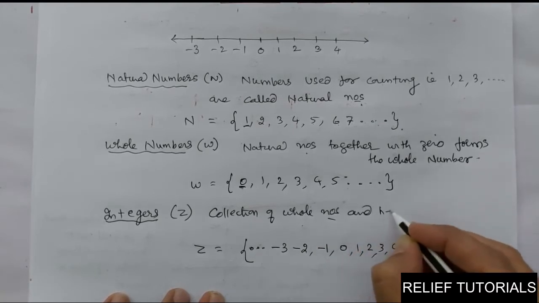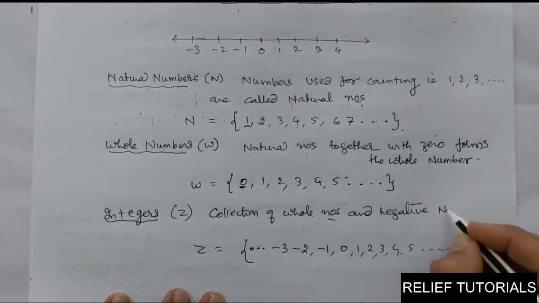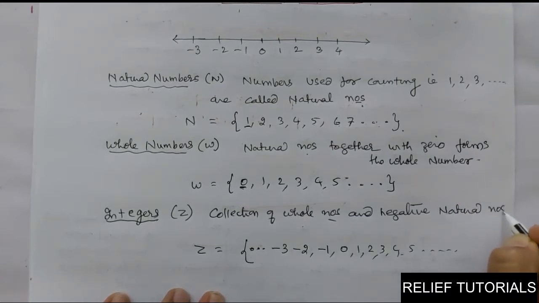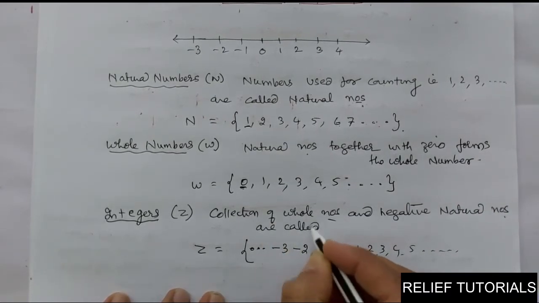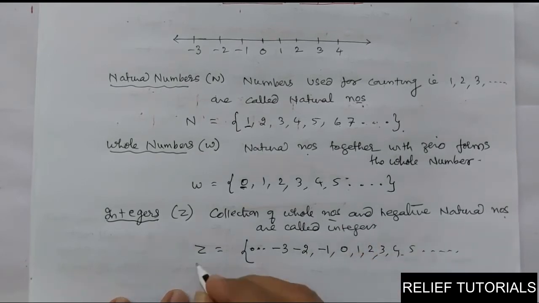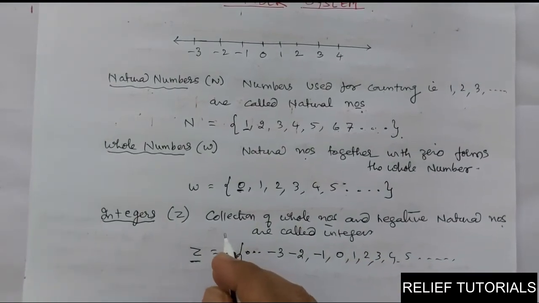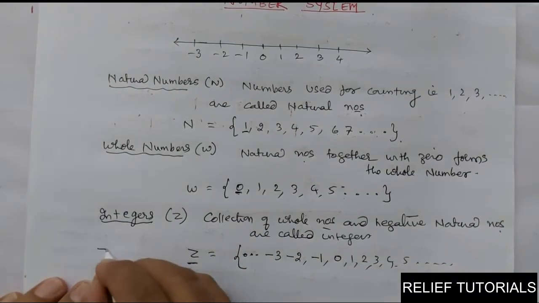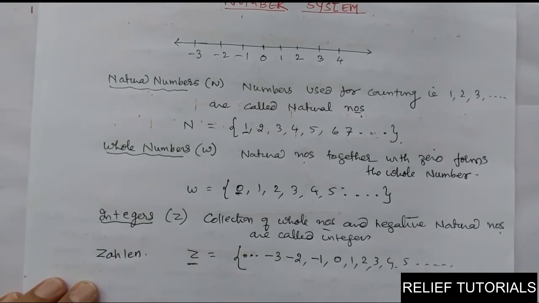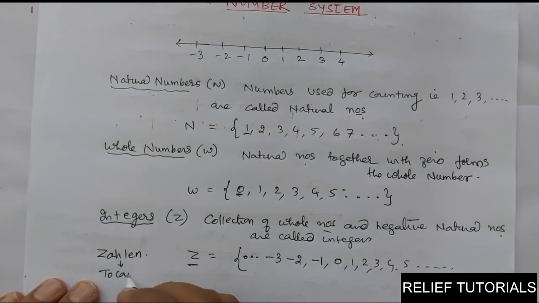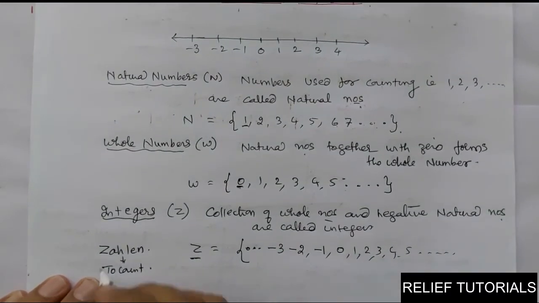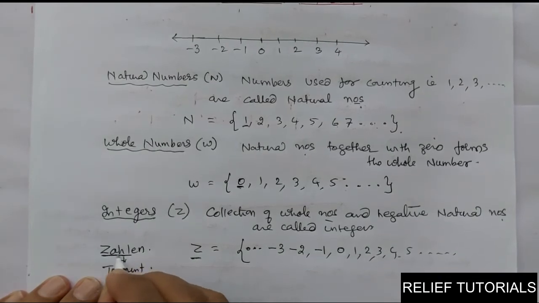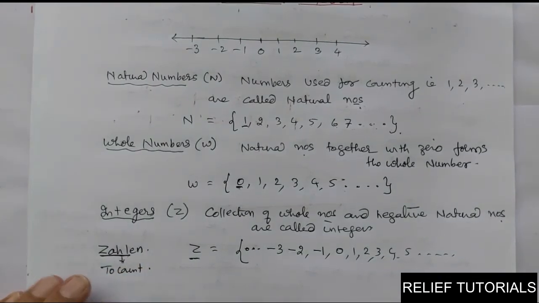It is denoted by Z. Actually, you know that Z comes from the German word Zahlen. Zahlen means to count, and Zahl means number.